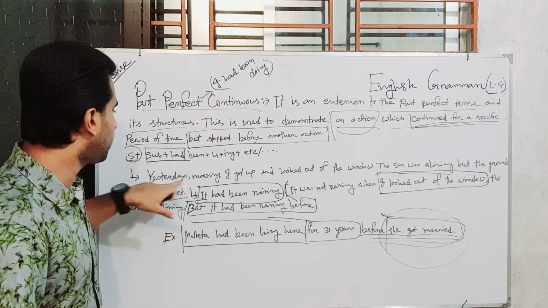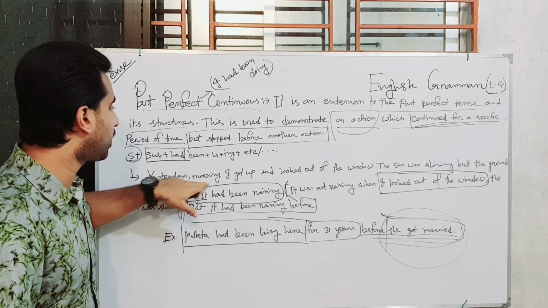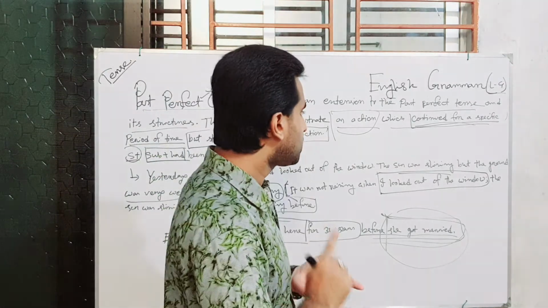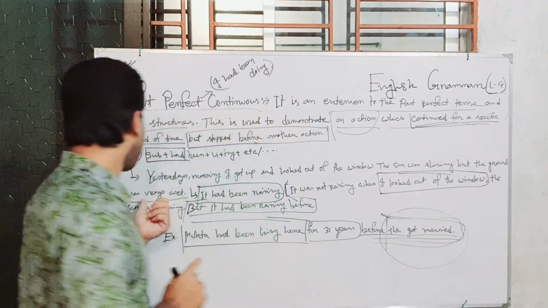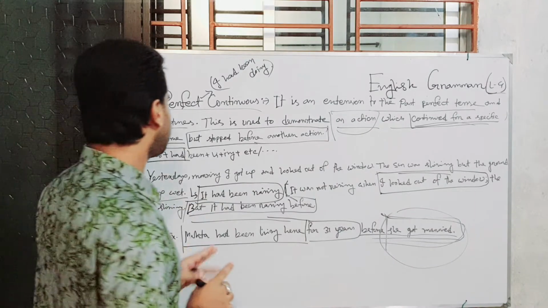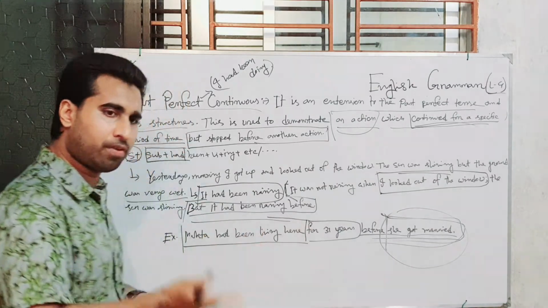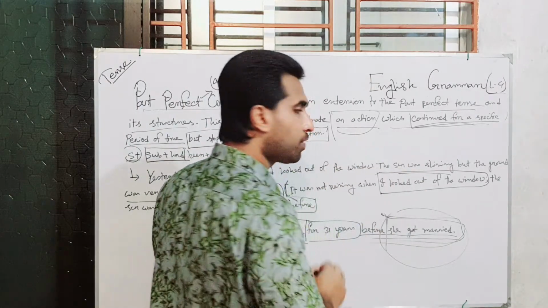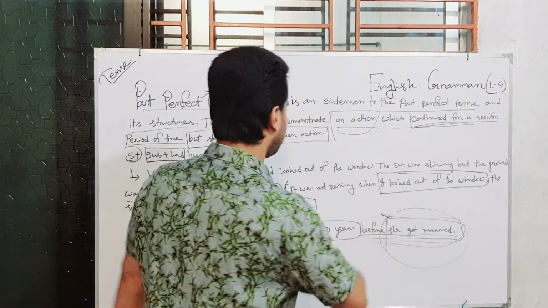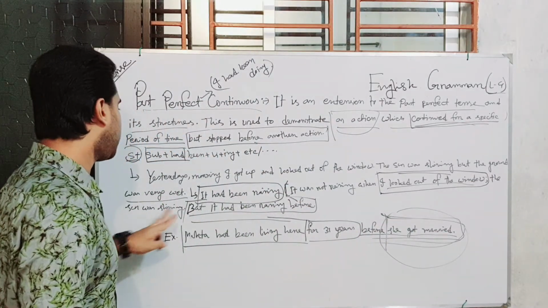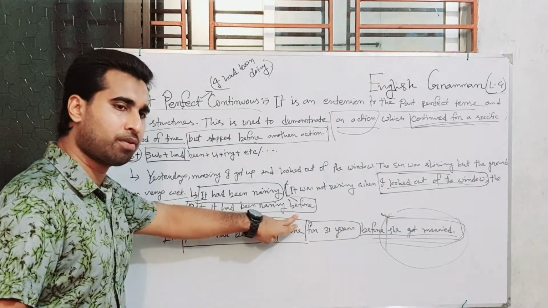Yesterday morning I got up and looked out of the window. The sun was shining, but the ground was very wet. That means it had been raining before I looked out of the window. The sun was shining, but it had been raining before.